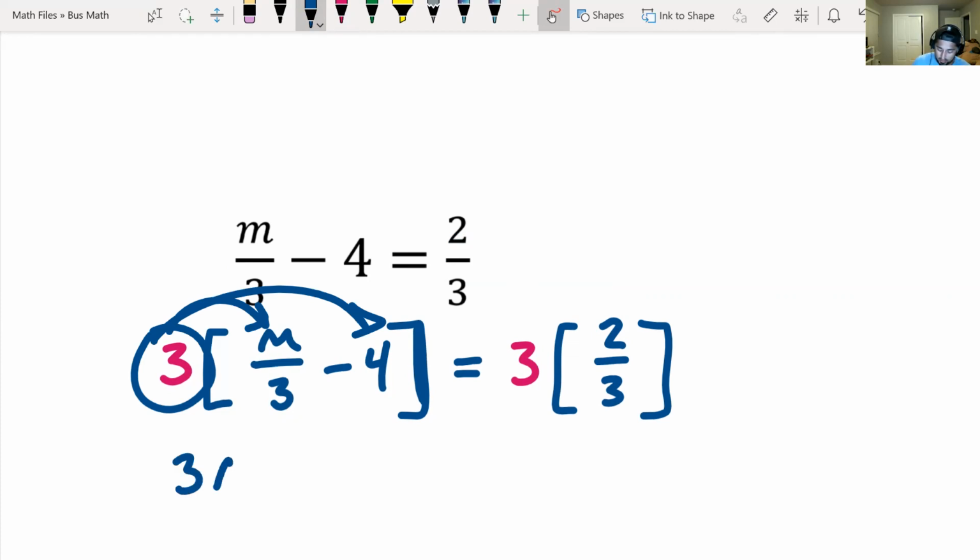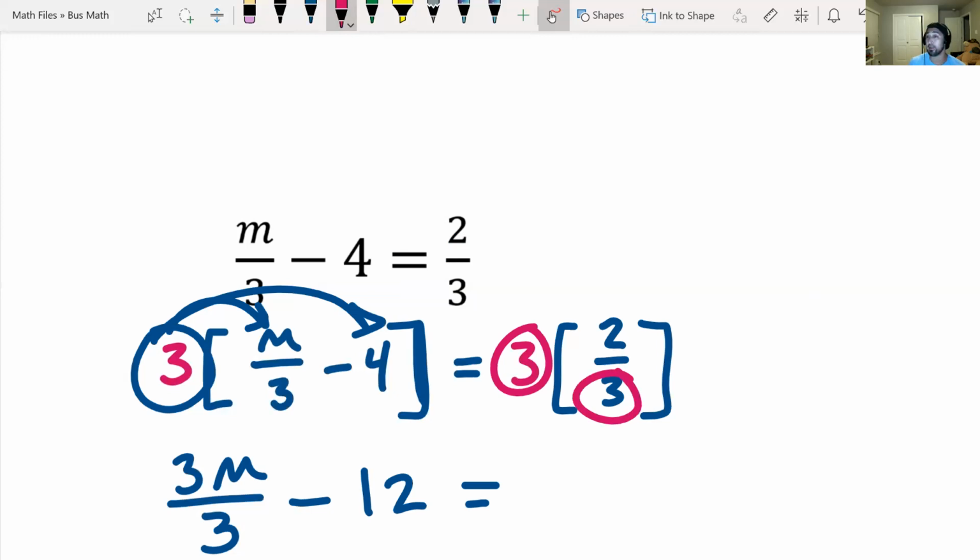This becomes 3m over 3 minus 12 equal to, now for this one, we can go ahead and say that this 3 and that 3 cancel. So all we're left with is 2.